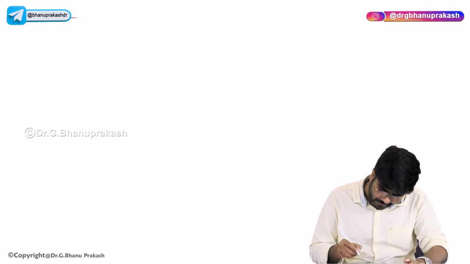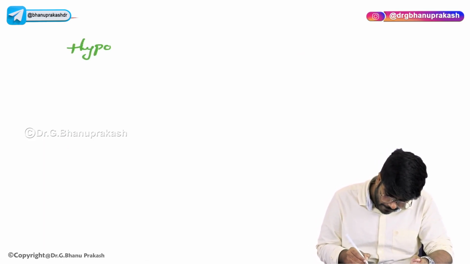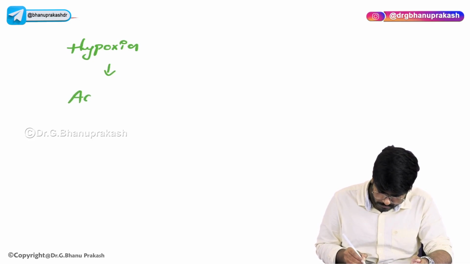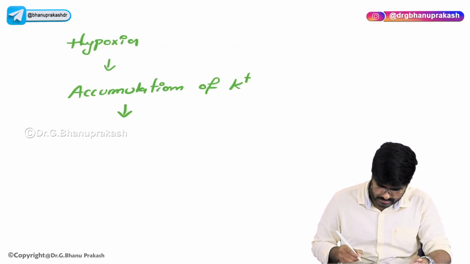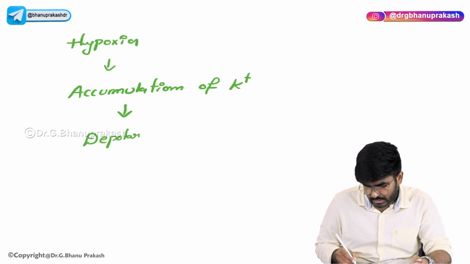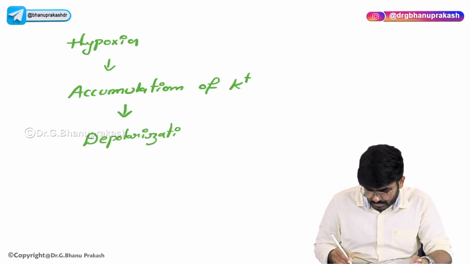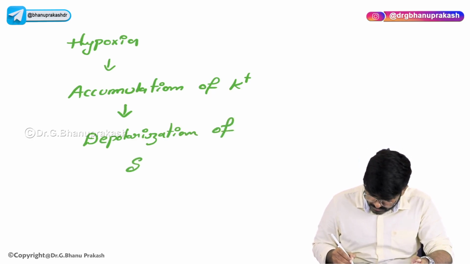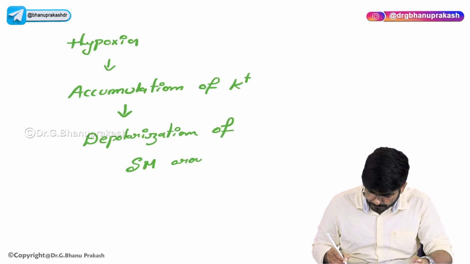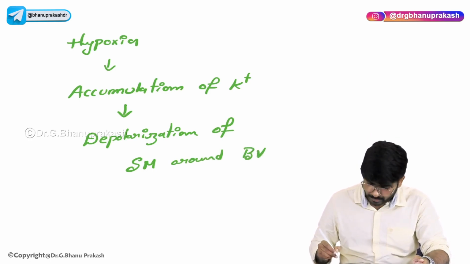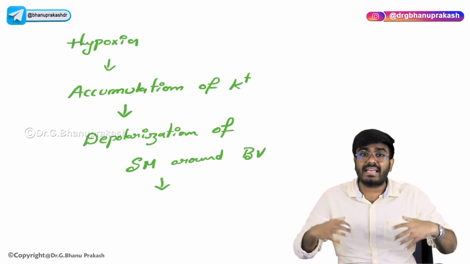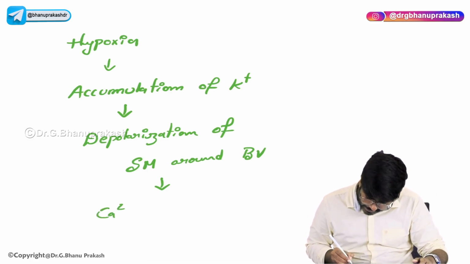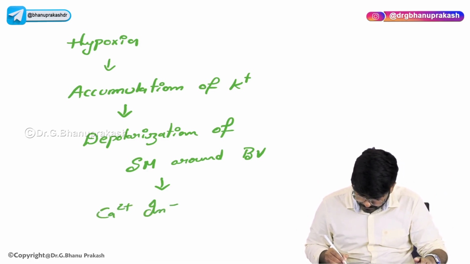So let's write it down one by one. Whenever there is hypoxia, there is accumulation of potassium ions. Whenever there is accumulation of potassium ions, that will cause depolarization of the smooth muscle cells around the blood vessels. Which blood vessels? Pulmonary blood vessels. Whenever these smooth muscle cells are depolarized, they are activated and calcium influx will happen.